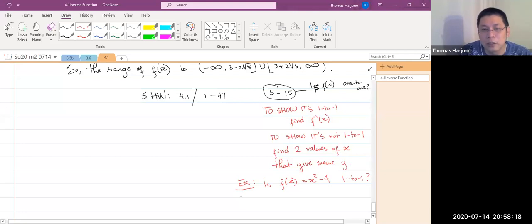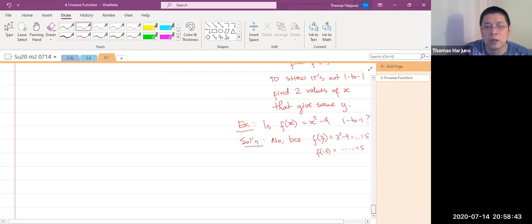So the solution, we will say no. Why? Because, just give a counterexample. f(3) equals 3 squared minus 4, that's 5. And f(negative 3) will also give you 5.